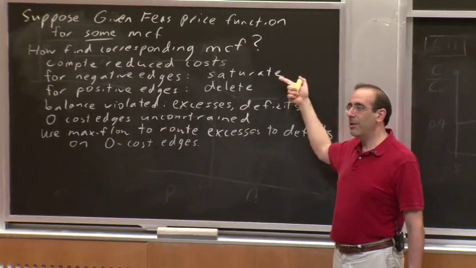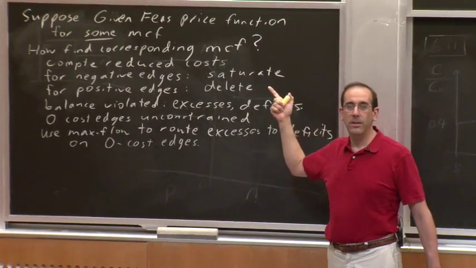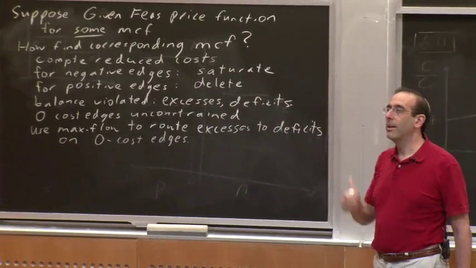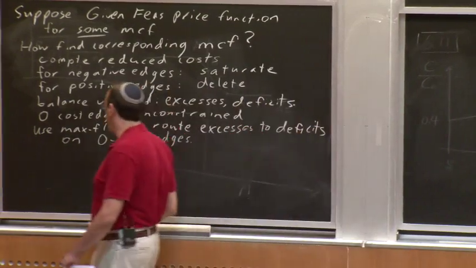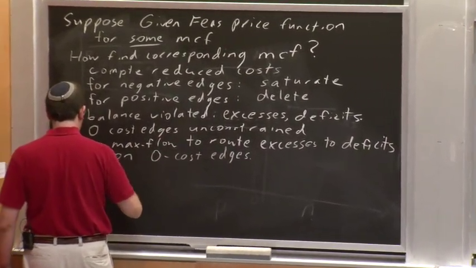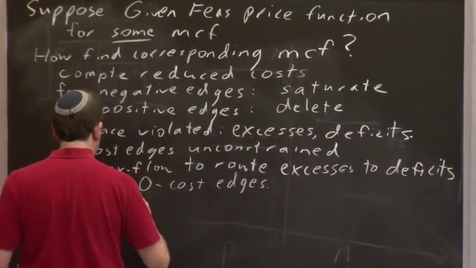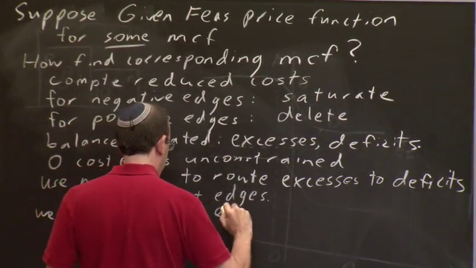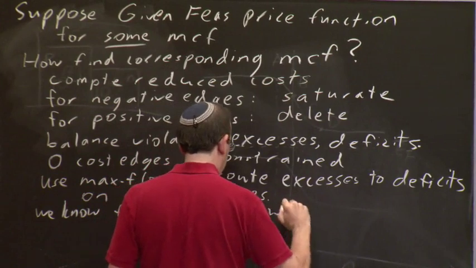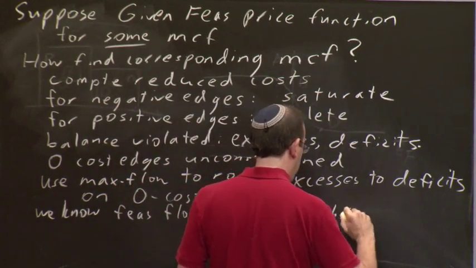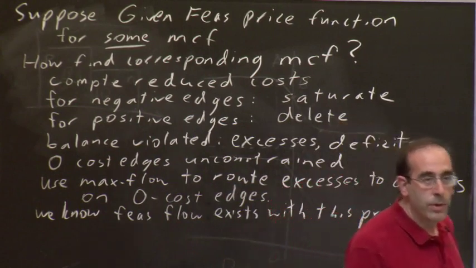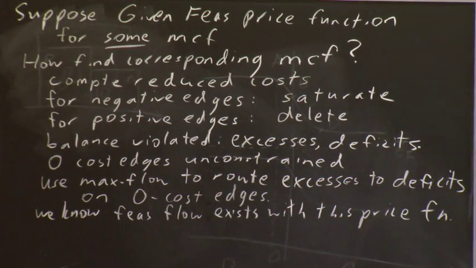So why do we know that that's going to work? Yes, we know that the price function went with the flow. Exactly, right? So we know a feasible flow exists with this price function. So we know there is a solution on the zero cost edges.